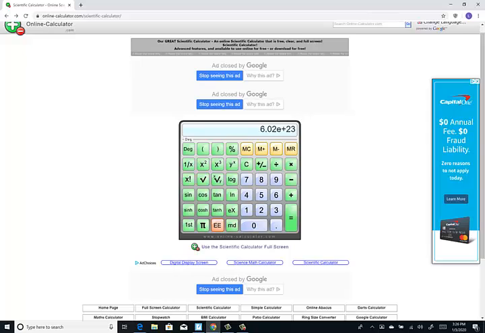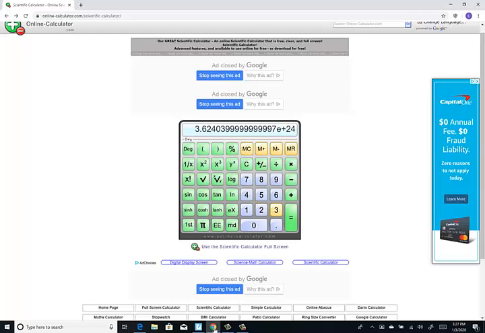One comment is, for instance, do not hit 6.02 times 10, then EE, because that's going to throw you off by a value of 10. Notice that got really big fast. The other thing is don't go 6.02 times, then EE, because that's going to throw you off.